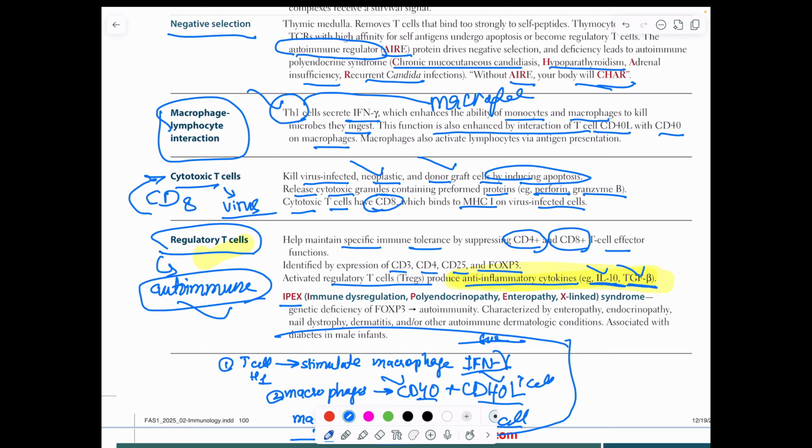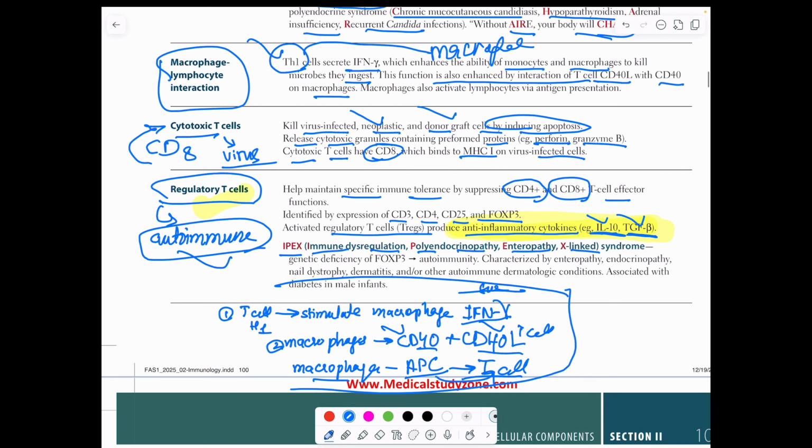IPEX, the immune dysregulation, polyendocrinopathy, enteropathy, X-linked syndrome, is a genetic deficiency of FOXP3. You want to know about FOXP3? It's the expression used for the identification of regulatory T cells, and without it there will be a high risk.